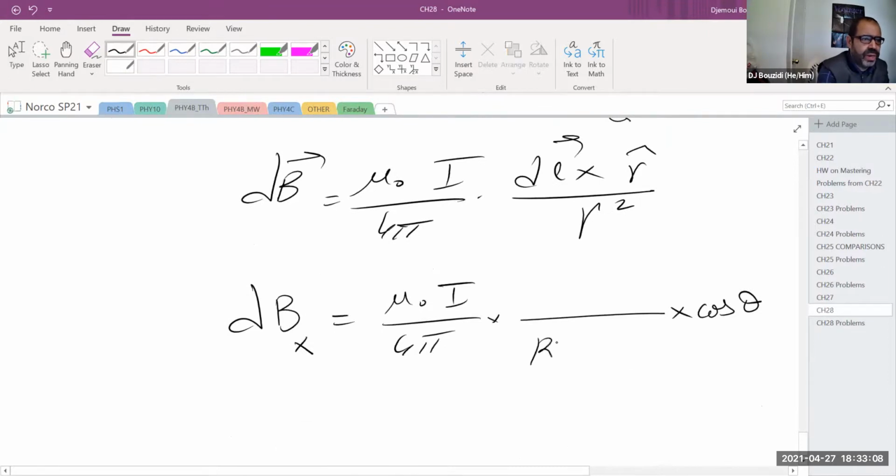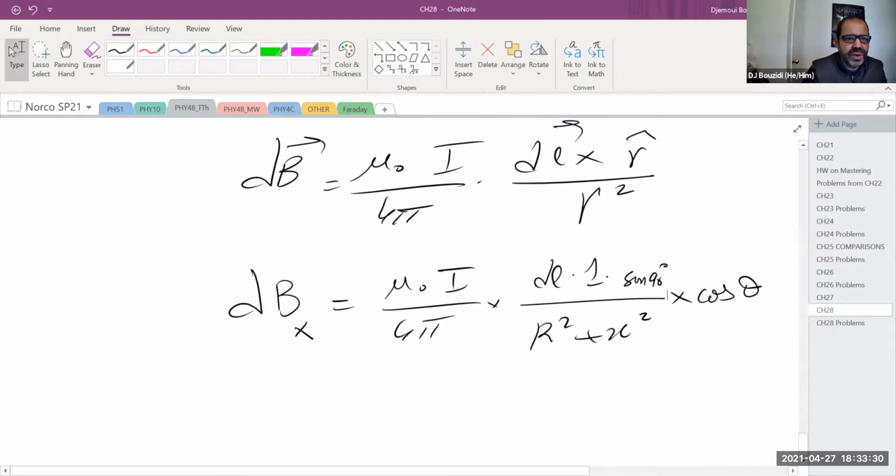And the numerator, we have dl, times the unit vector length, which is 1. So let me write 1 explicitly so that we don't forget, times sine of the angle between them, and the angle between them is actually 90 degrees, which is also 1. So at the end of the day, all of this calculation will involve, let me write, cosine of theta.